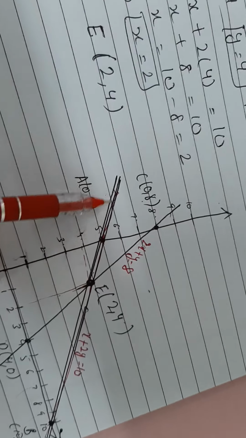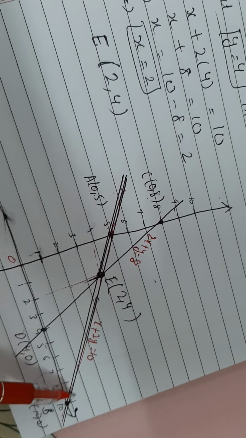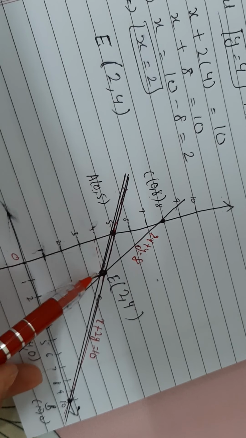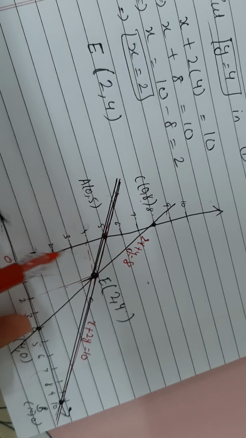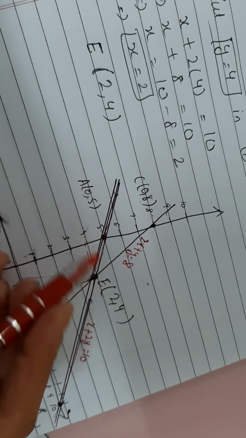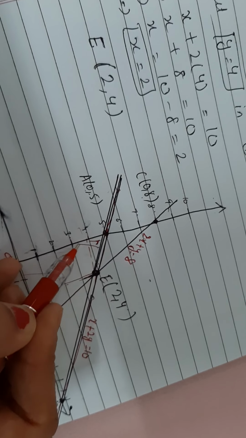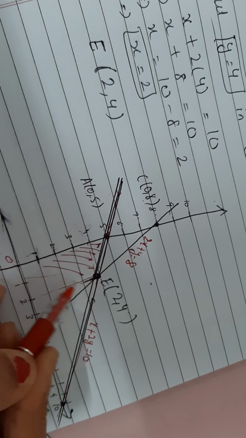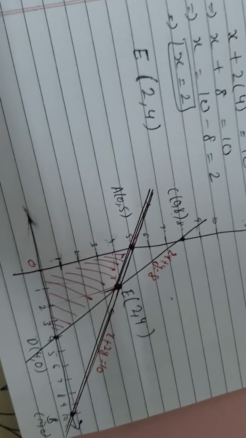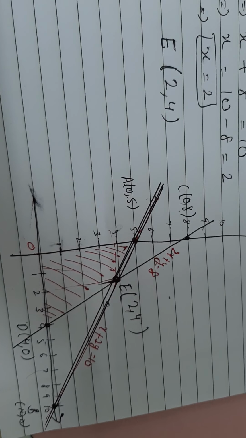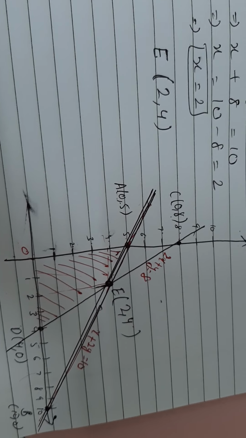This line means this whole portion will come, and the other line says this whole portion will come. But their common portion is this only. So the common portion of both lines is what we will shade.